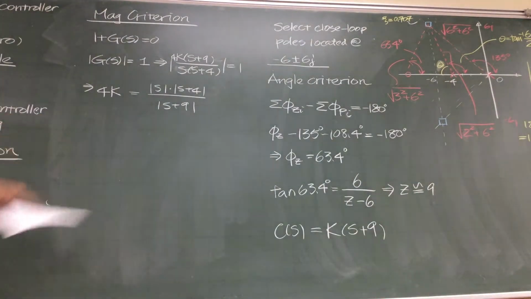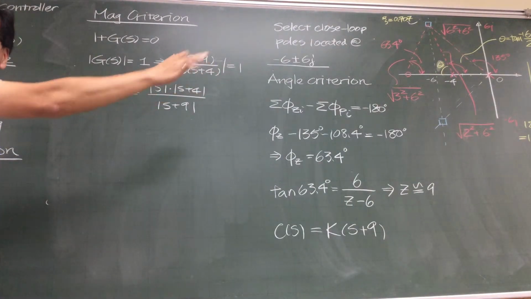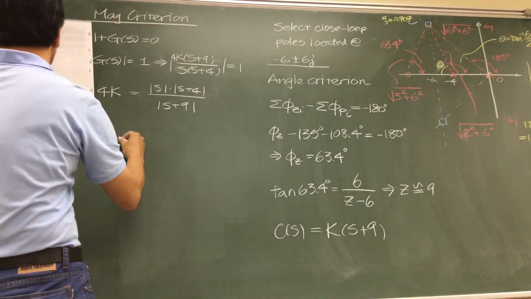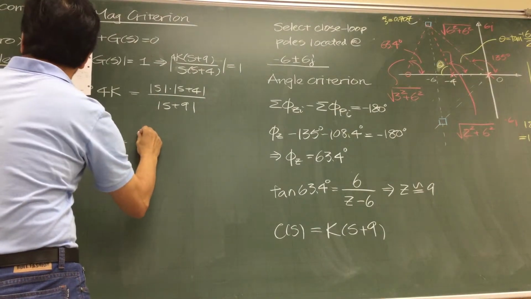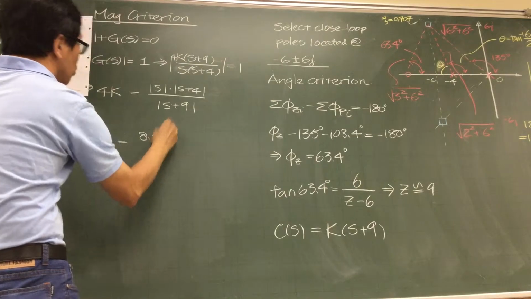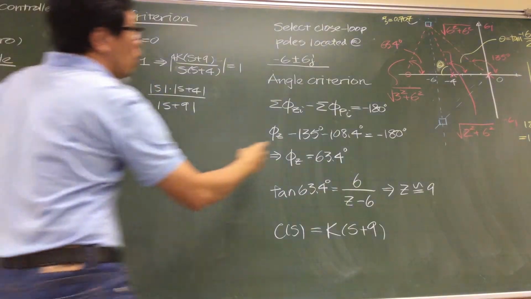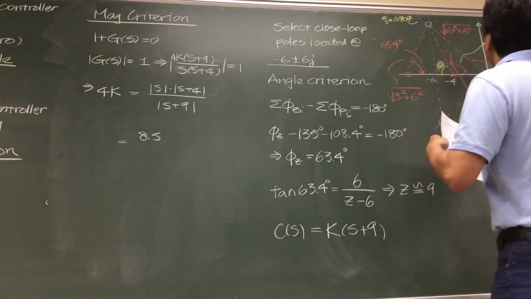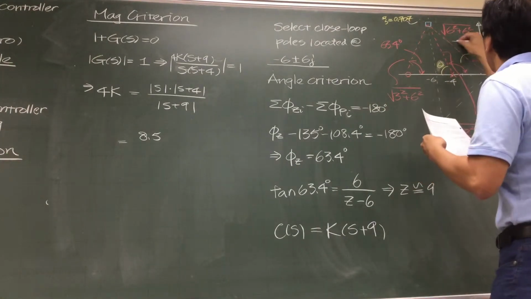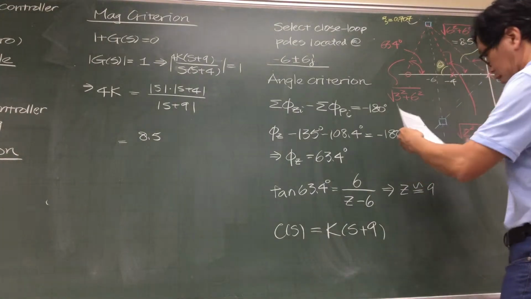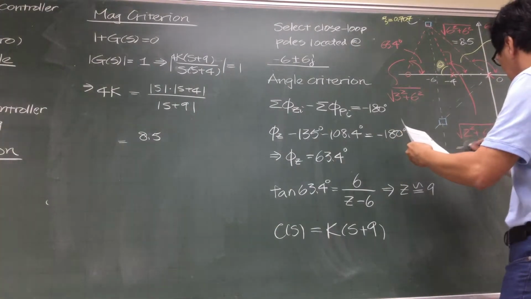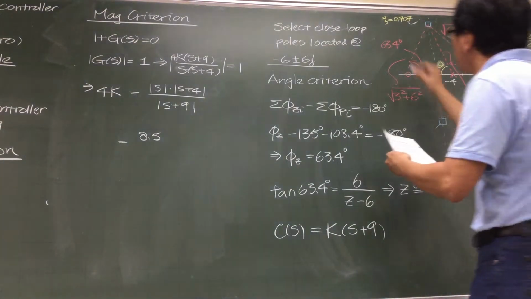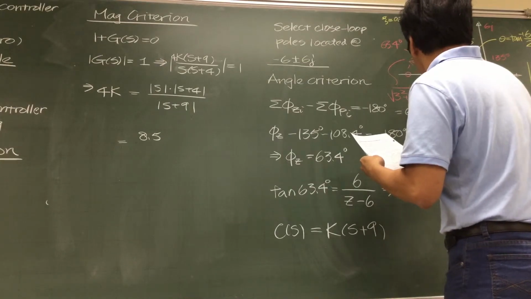Okay, so I got this one, so just put the number into this thing. I get 8.5, which is this one, 6.3, 6.7.